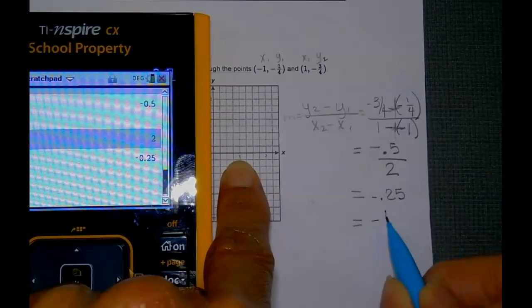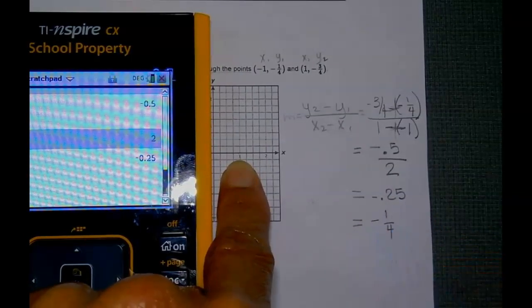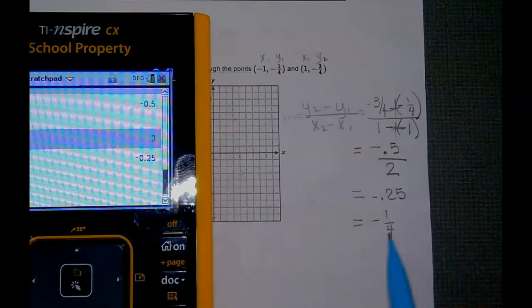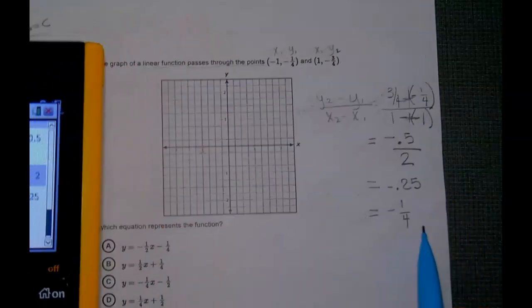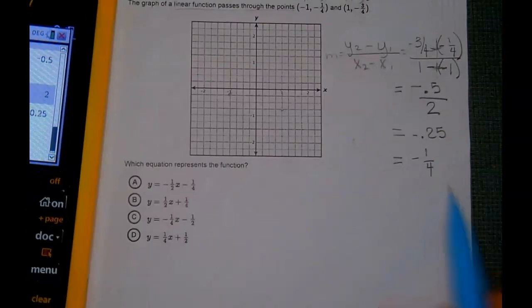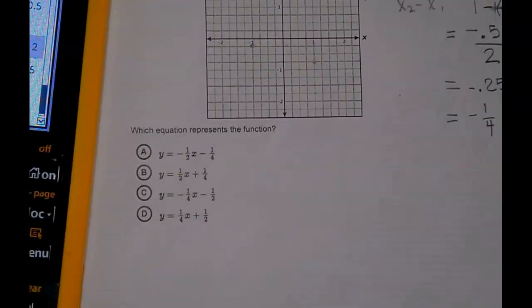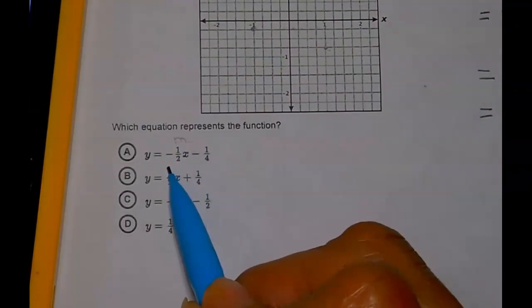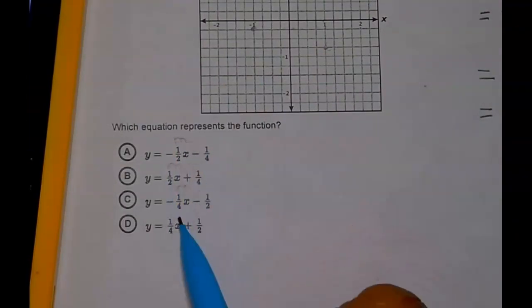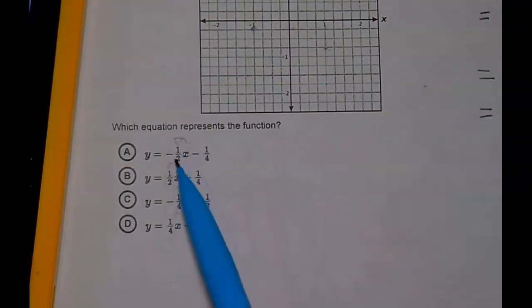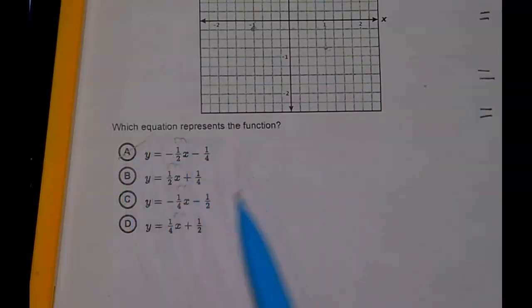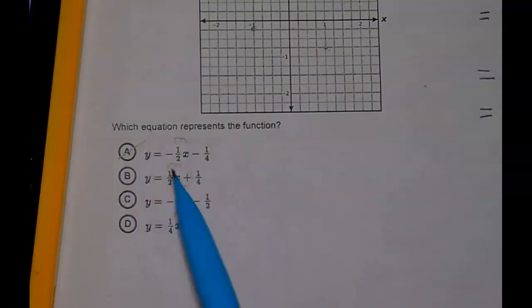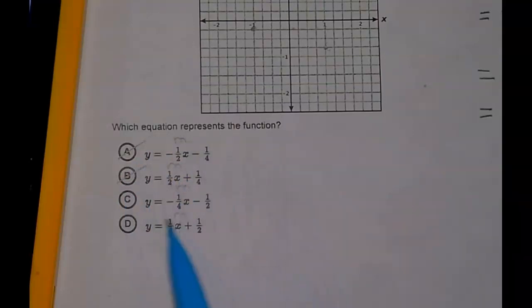So that will be a negative 1/4. So the only one that had a slope of 1/4, which was negative, I can get rid of the others. This is slope, slope, slope, and slope. So I can get rid of negative 1/2, I can get rid of 1/2 and a positive 1/4 x.